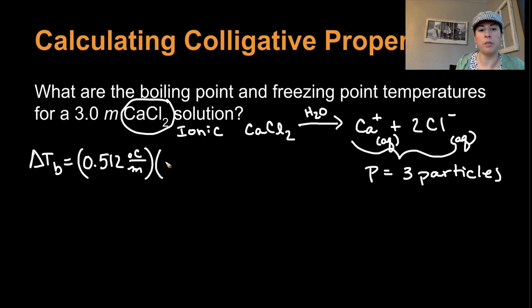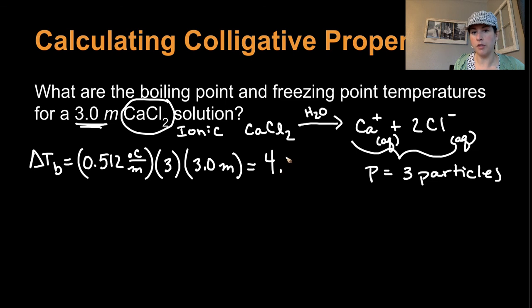So this is going to be our 3 particles, and then multiplied by our 3 molal, 3.0 molal. And when I do that, I actually get a change in temperature of 4.6 degrees Celsius.